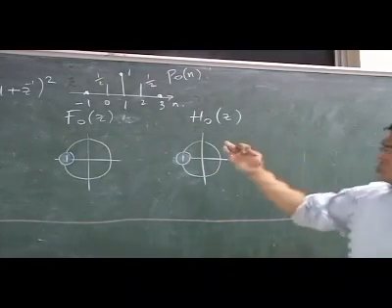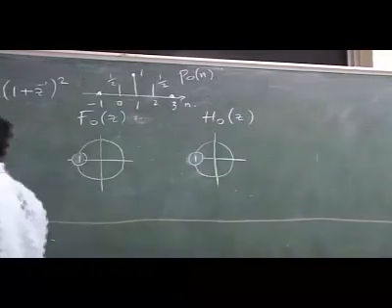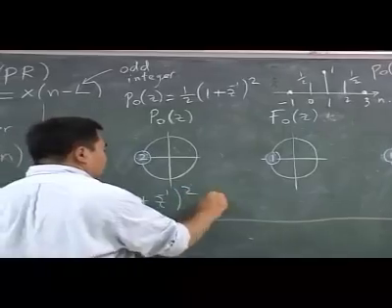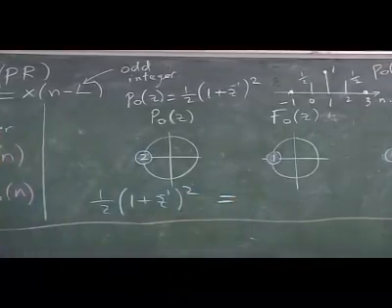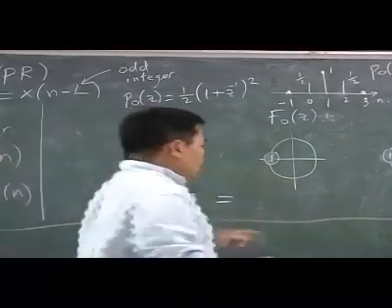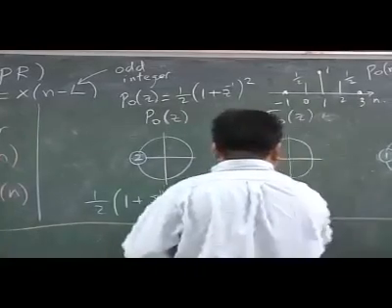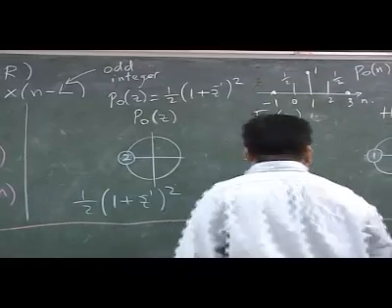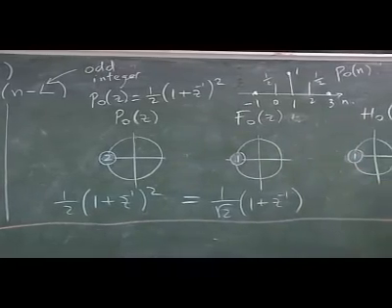So in the z domain, P0 of z is 1/2 (1 plus z inverse) squared, right? The product of these two. So each of them looks exactly the same. This one is 1 over the square root of 2, 1 plus z inverse. That's F0.